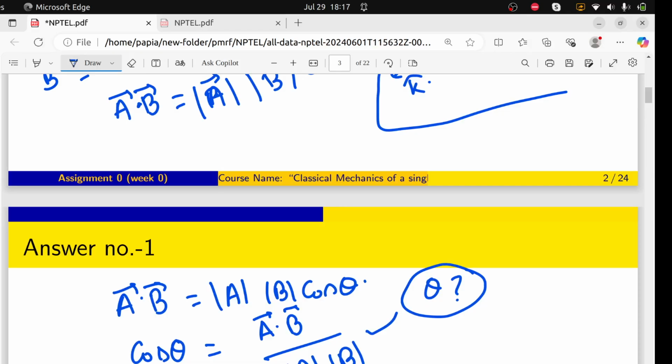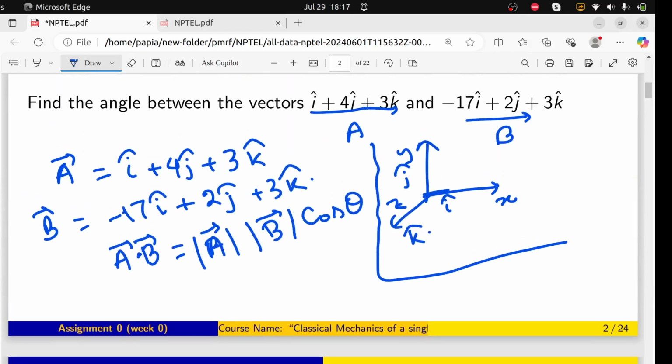Is it fine? I think it's fine, because if you want to know the angle between these two vectors, we just need the cos theta value, and if I get the value of cos theta, then I can also find the value of theta, right? Okay, so A was i cap plus 4j cap plus 3k cap.